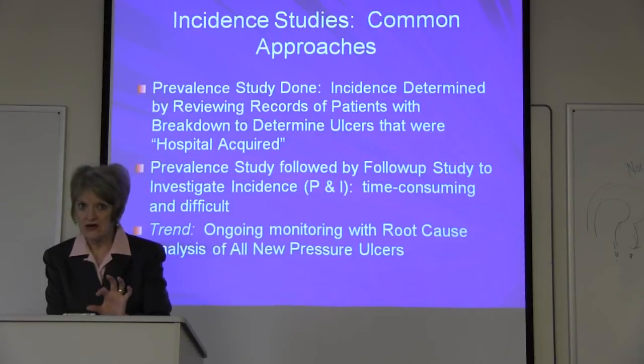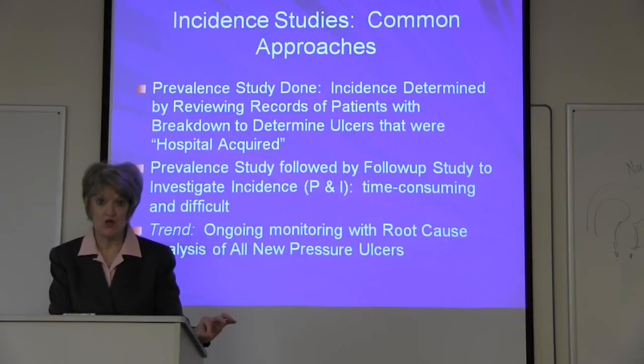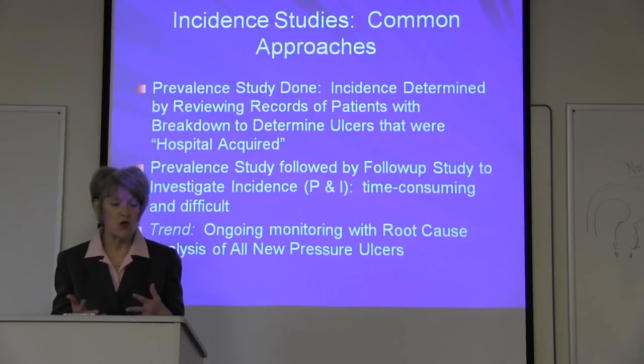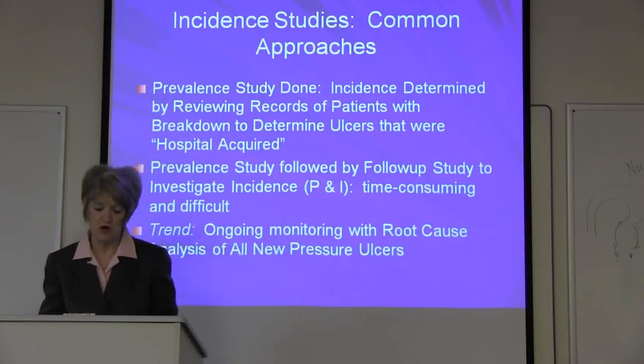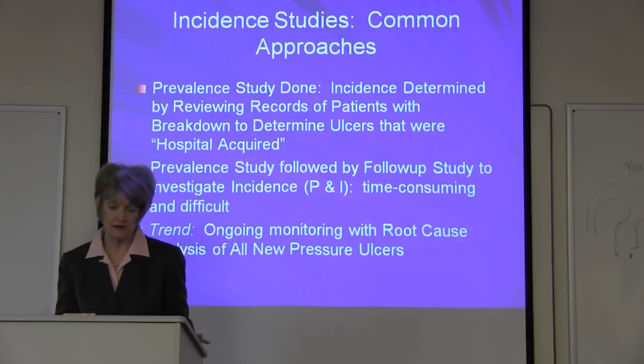For everyone who has evidence of breakdown, you're going to go back to the admission note to see was that breakdown present on admission or does this represent a hospital-acquired pressure ulcer? And that's the data that you will report to NDNQI, National Database of Nursing Quality Indicators.